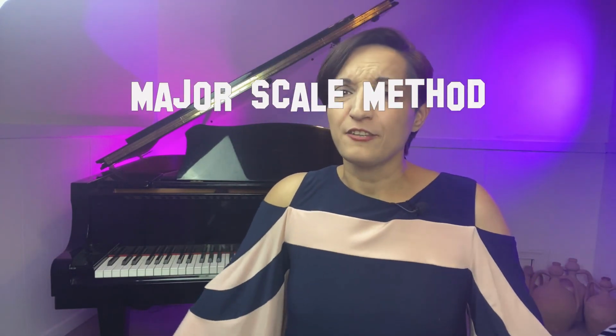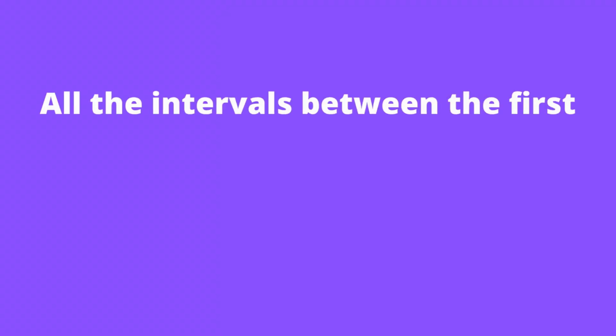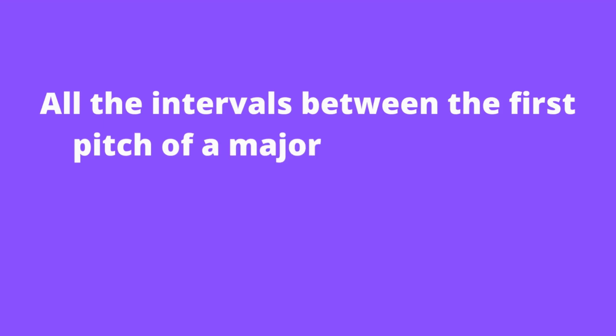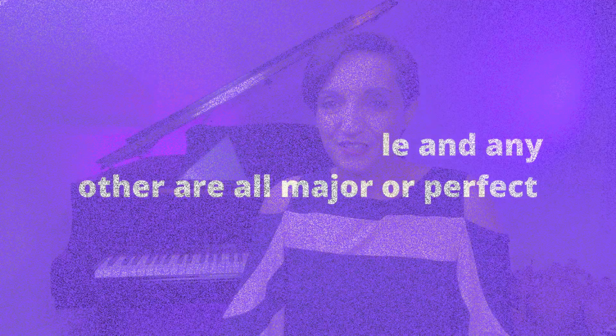And we also have the scale method: we know that the intervals contained between the first pitch and any of the other pitches of a major scale can only be major or perfect. If we know well the sequence of pitches of all our major scales, it is easy to identify the quality of the interval we are analyzing.